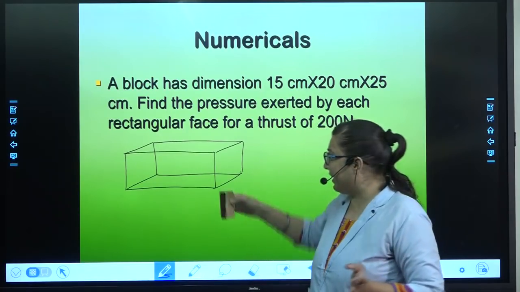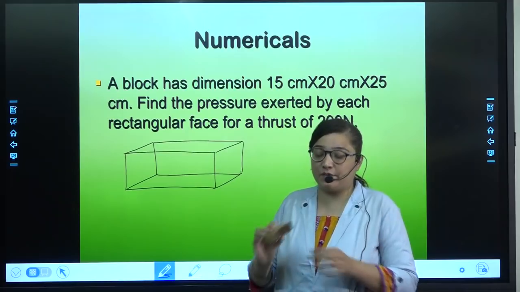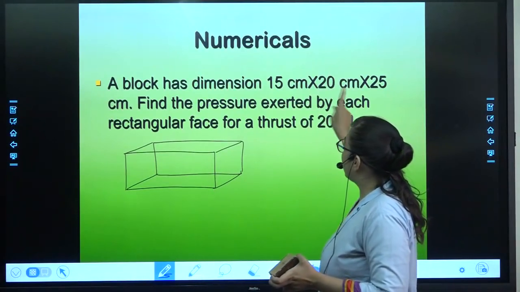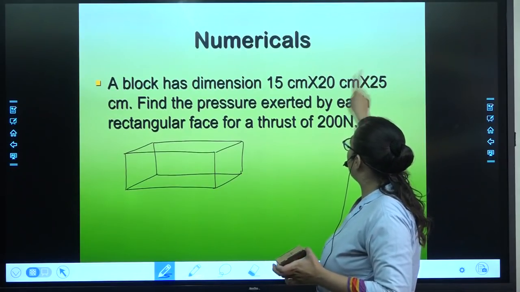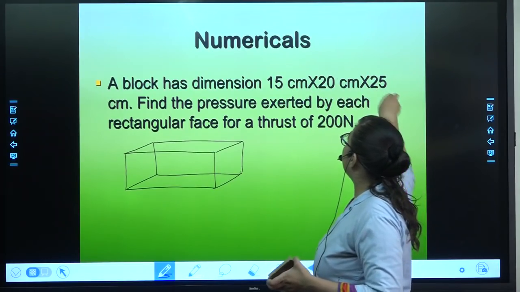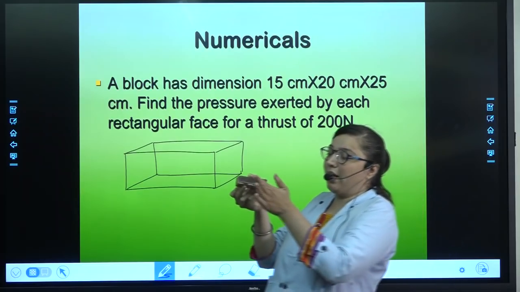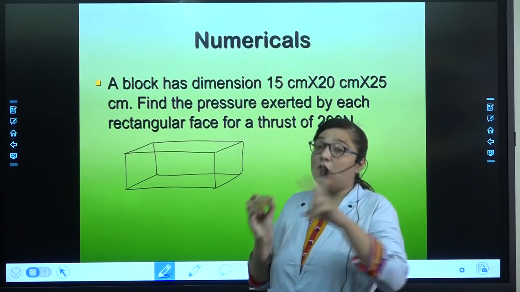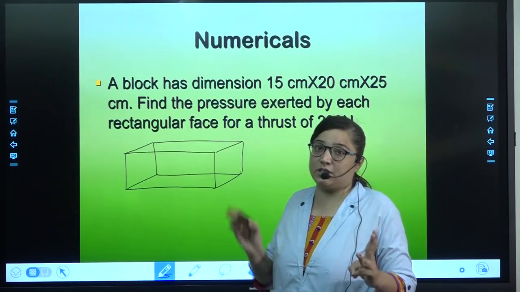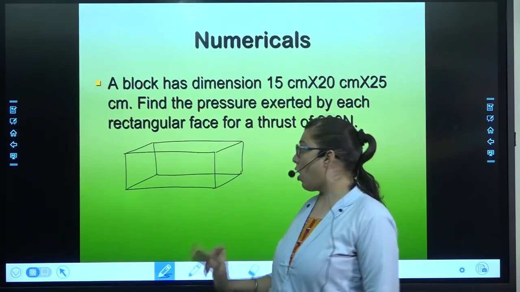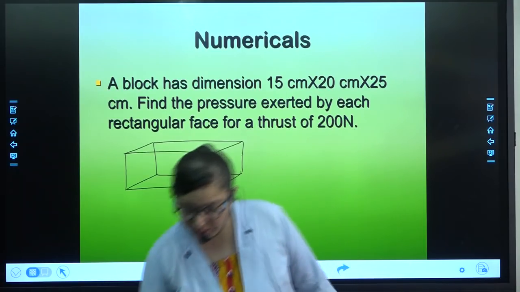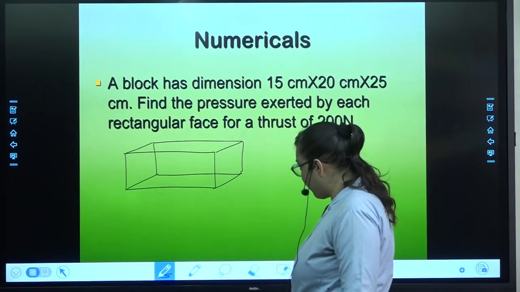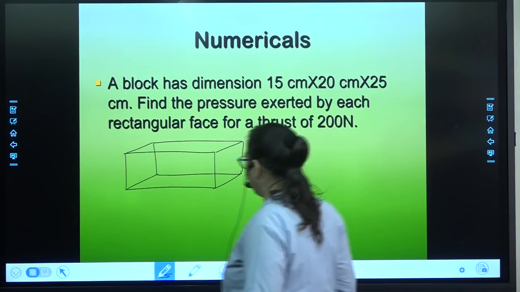So totally how many surfaces does it have? 3 surfaces. One will be 15 cross 20, another one will be 20 cross 25, the third one will be 15 cross 25. One this surface, then this surface and this one. So totally 3 surfaces we will be talking about. Alright, so here it is given to us regarding this particular numerical. Let us now try to understand it.